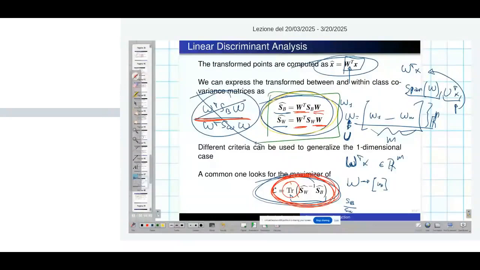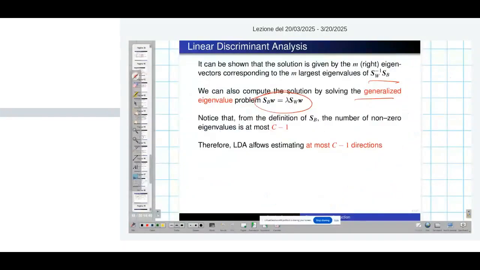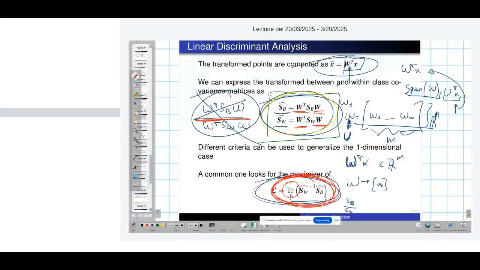And we said we can generalize the binary version of the problem, the two-class problem, to an n-class problem, and from one direction to m directions, by taking the generalized eigenvectors of SW^-1 SB. This allows us to obtain a set of directions over which we project our data.